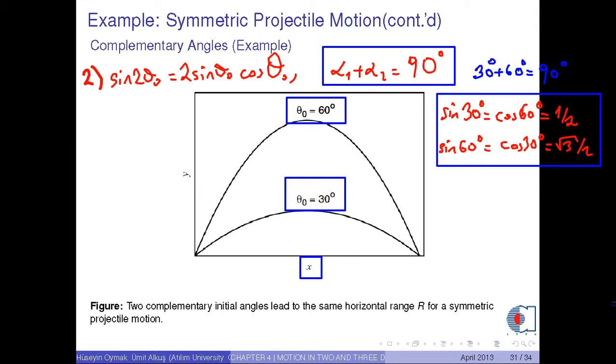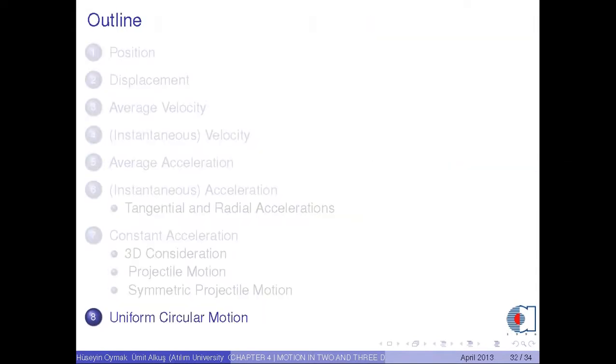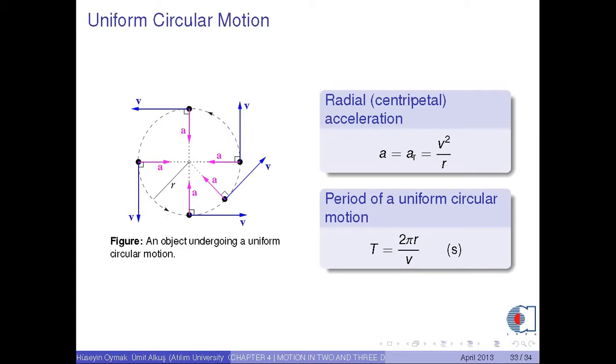Okay, we have derived all the formulas for y, hmax and R. Then comes the last topic, uniform circular motion. If an object orbits a fixed point at constant or uniform speed, it is said to be in uniform circular motion.